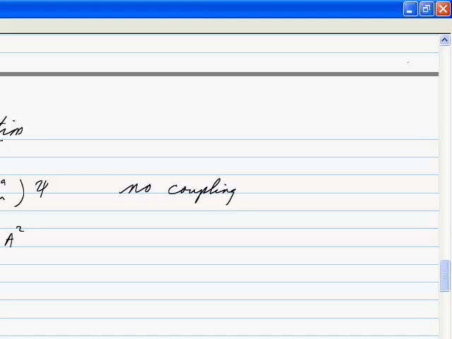But if I write this as 1 over G d mu A with a G there plus G squared A, it's then 1 over G times some F mu nu prime with no couplings there either.